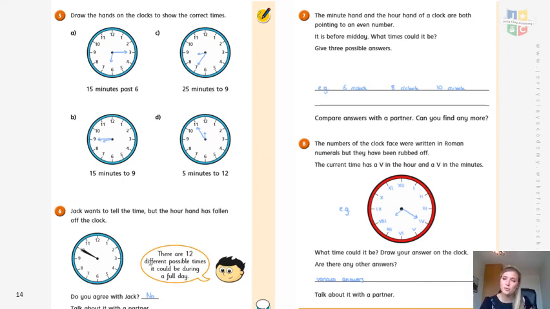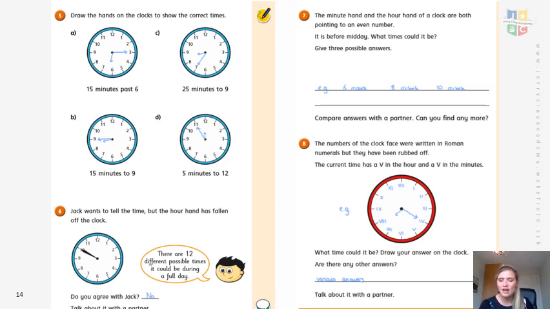So you could have written the numbers around the outside to tell me what time it was. What time could it be? Draw an answer on. First of all, you had to draw the hands on to show me where it could be. As long as it had a V in it, and there were obviously different answers you could choose, as long as it answers the question, that would be brilliant.